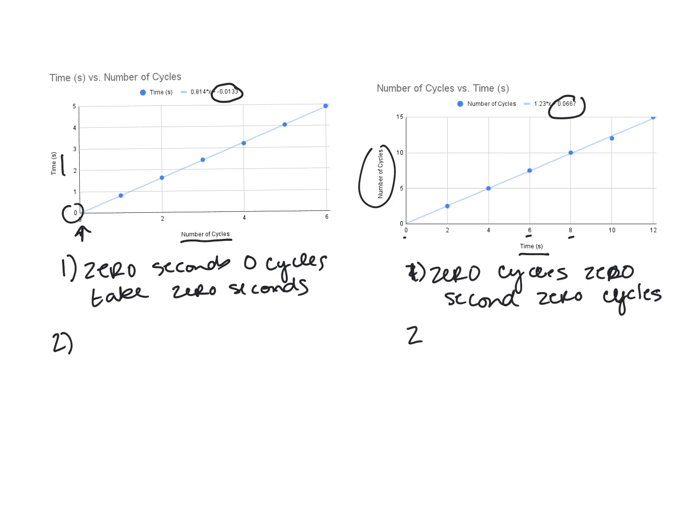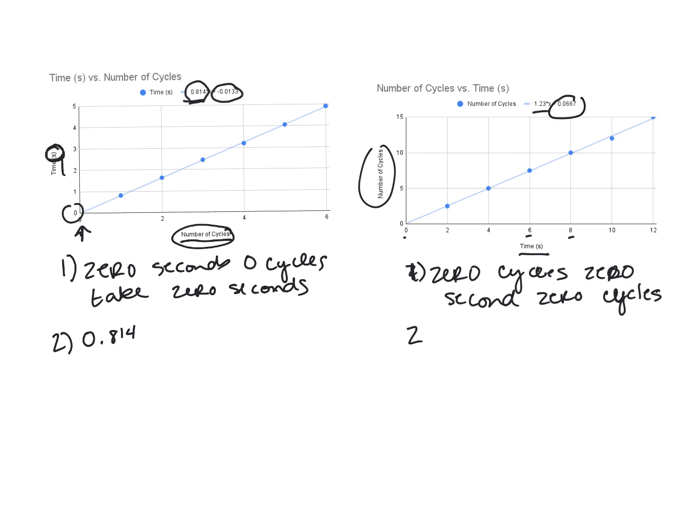Question number 2 asks you what your slope is. Your slope might be slightly different depending on what spring and mass you picked. But for this one, I'm getting a slope of 0.814. I'm getting that right from the value before the x. And then I need to add a unit for it. To get the unit, if you remember from physics A, you always take whatever is on your y-axis and divide it by whatever is on your x-axis.